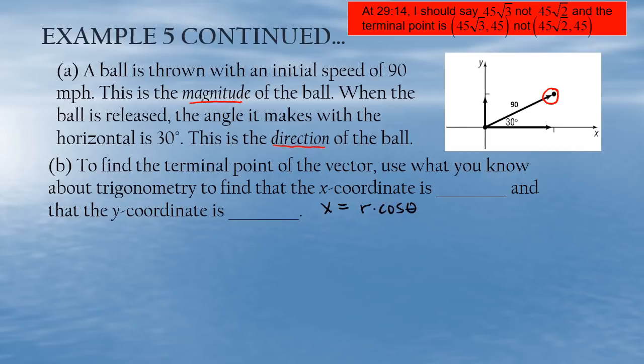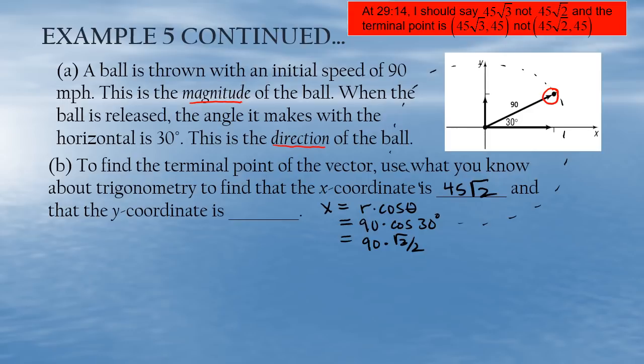And if you imagine this vector being part of a circle, which we've seen so many times, then 90 becomes the radius, and of course theta is 30 degrees. So what is 90 times the cosine of 30 degrees? Well, that's going to be 90 times √3/2.